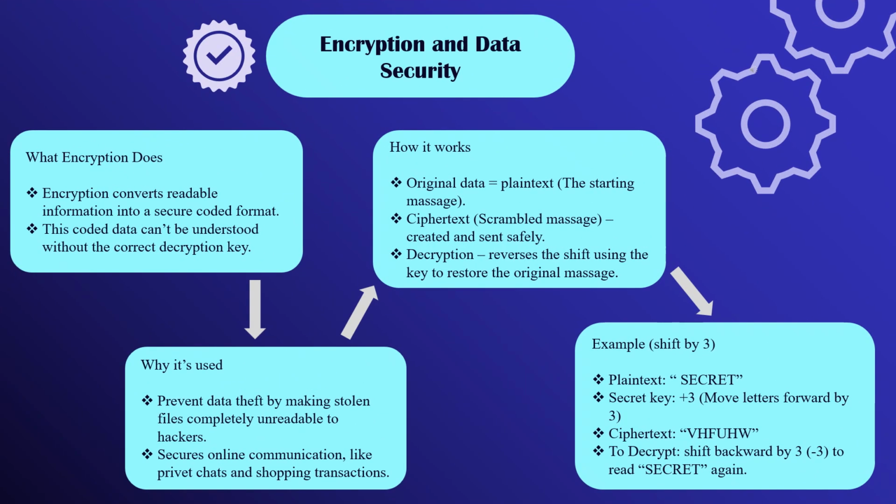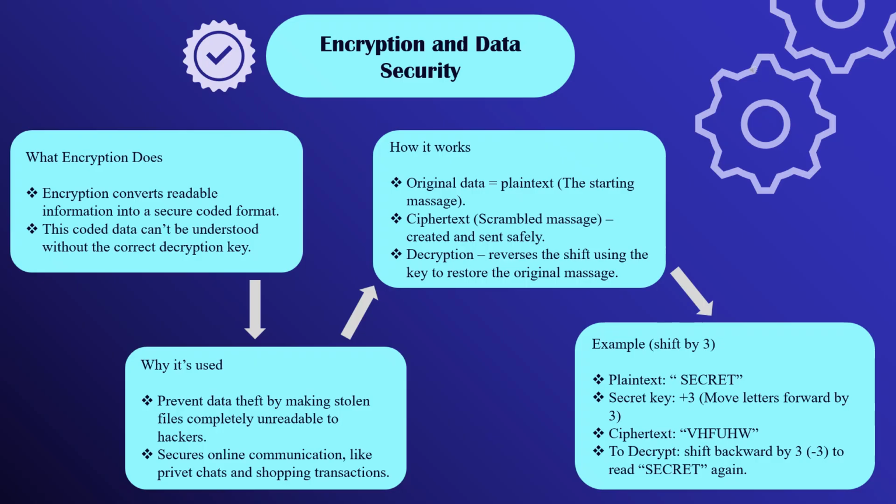So let's talk about encryption and data security, which is one of the most important concepts in modern data security. In simple terms, encryption converts readable information into a secure coded format, right? Once data has been encrypted, it cannot be understood without the correct decryption key, even if someone manages to get hold of it.